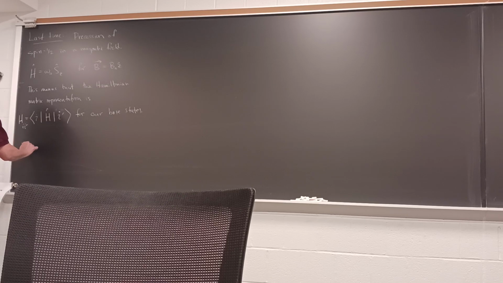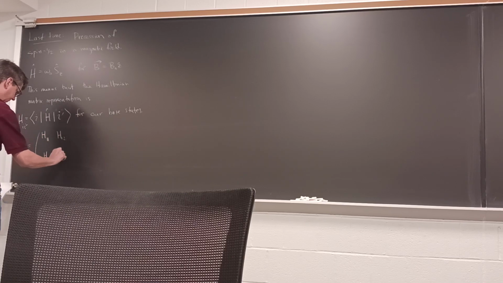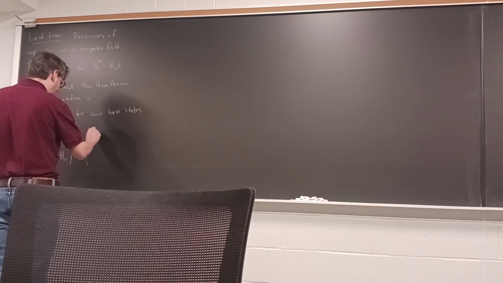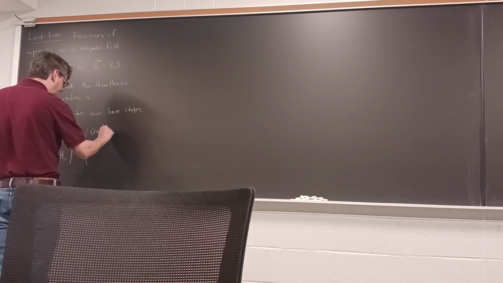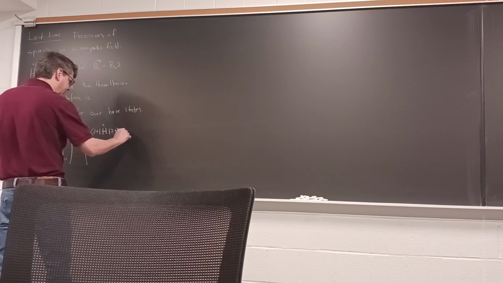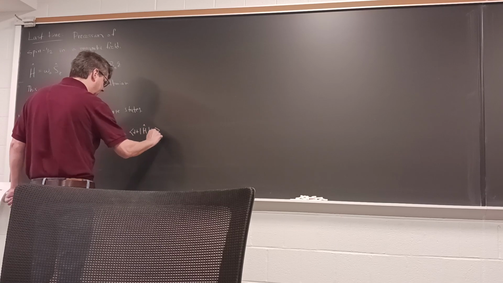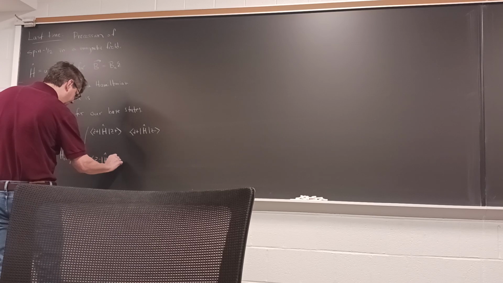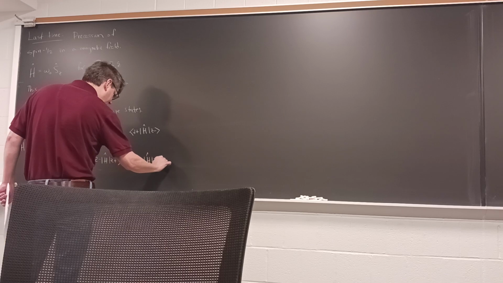So H itself would be the matrix H11, H12, H21, H22, where this is, in our case, the state Z plus, H, Z plus, and then Z plus, H, Z minus, and then Z minus, H, Z plus, and Z minus, H, Z minus.